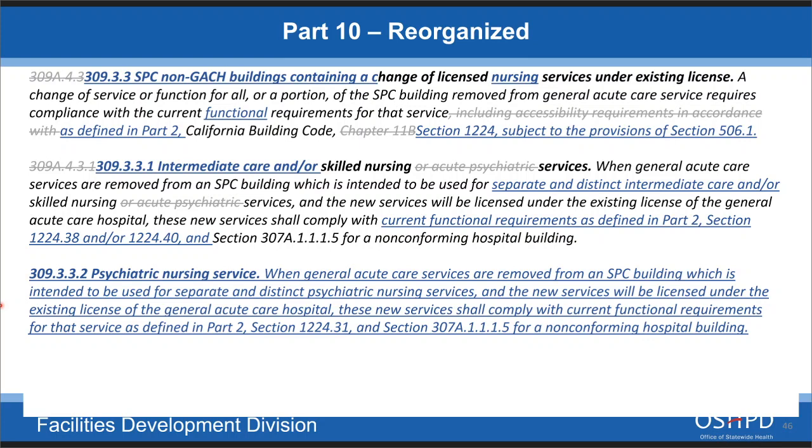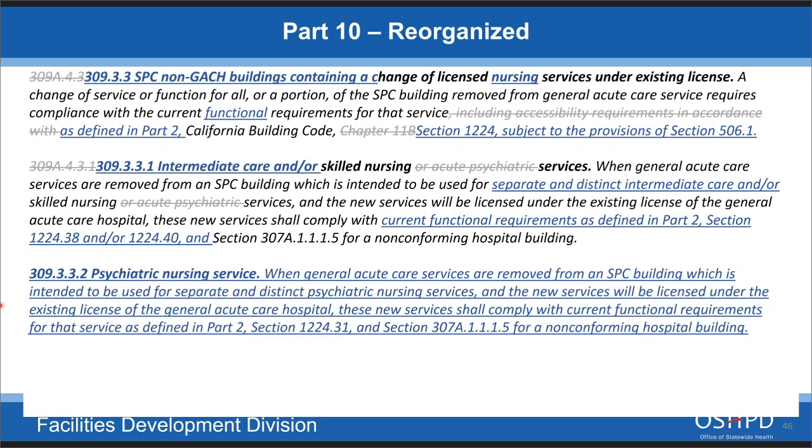This is, again, to give a lot of liberties to reusing these older buildings without a complete remodel. If you're doing intermediate care or skilled nursing, which can go in a 1R building, you must meet the requirements for that space.